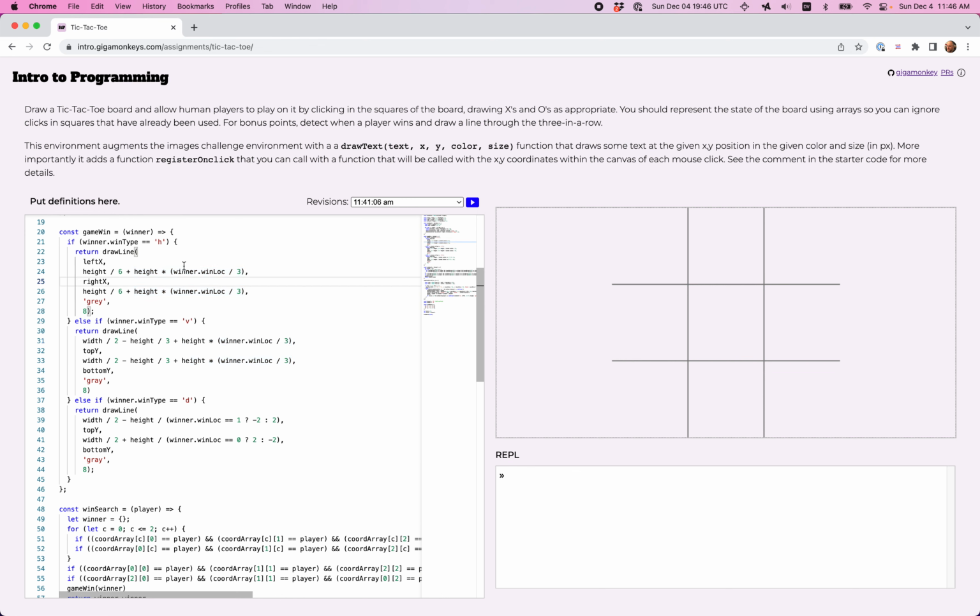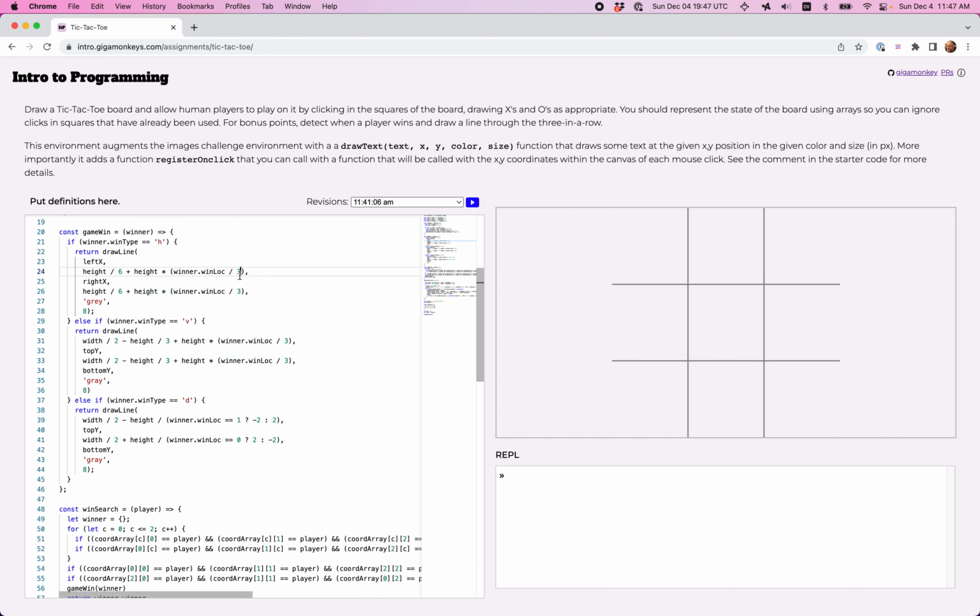I'm sorry, I was doing this one. Same thing though. So the height times that fraction, 0/3, 1/3, or 2/3, will be there. And then adding a sixth of the height gets us to the middle of that.